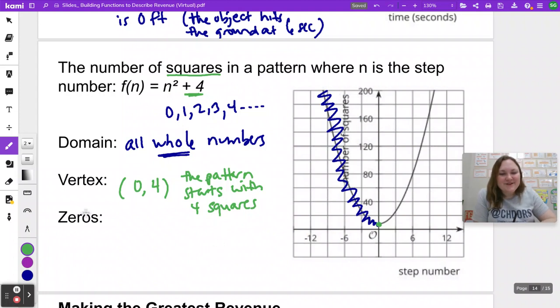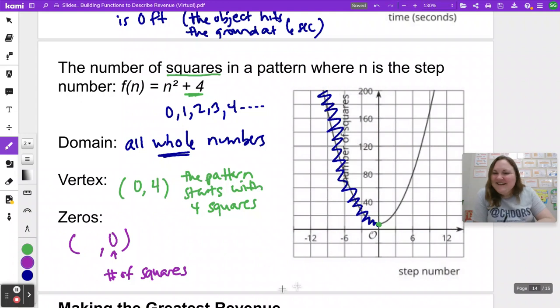Finally, our zeros. Remember, your zeros are where the output is 0. If you're looking at a point, it means there is a 0 here. And if you're thinking about the situation, that 0 is the number of squares. What step number has 0 squares? Looking at this graph, none of them do.